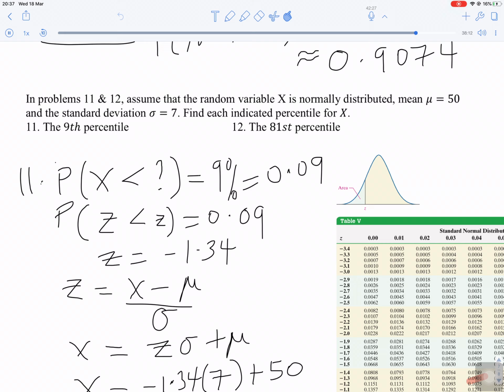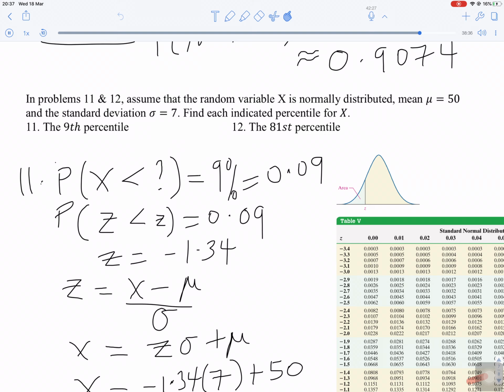So if we want to use the idea of the standard normal table, how do we use the standard normal table to get a value like this? 9% in a standard normal table will still be 9% in any normal distribution, right?